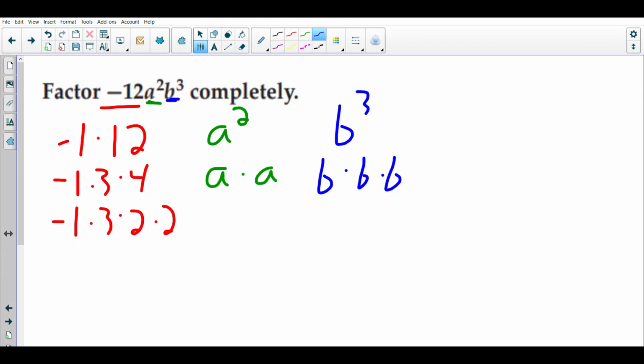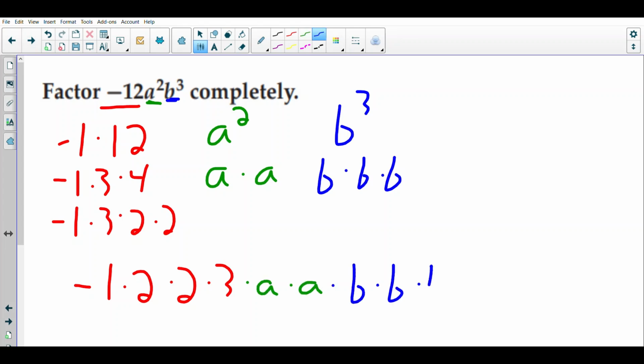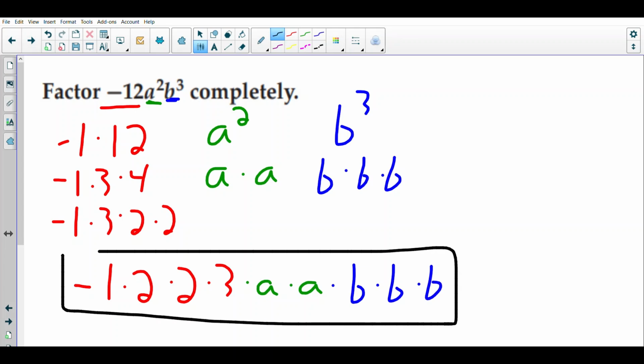So now our final prime factorization would be negative 1 times 2 times 2 times 3 times a times a times b times b times b. And there is our prime factorization, or our completely factored monomial. And that's what we're going to be using in this section and for the rest of the chapter.